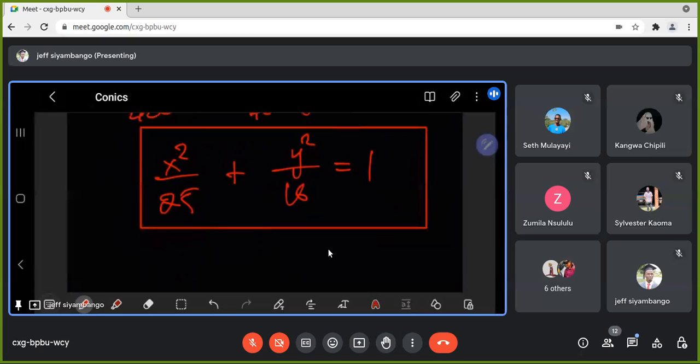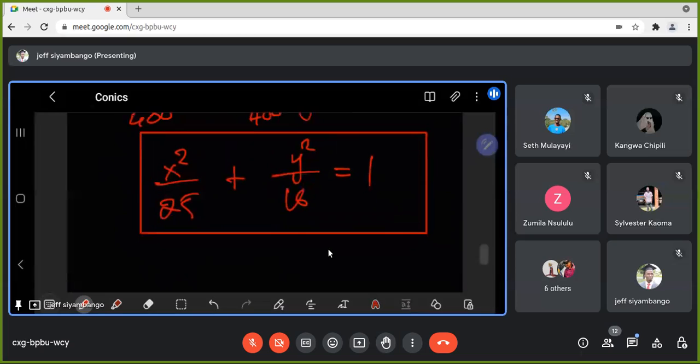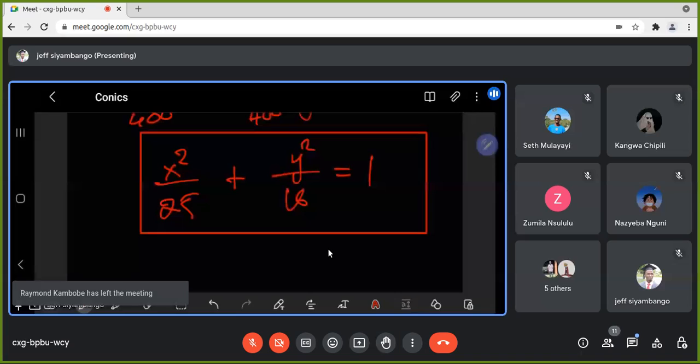So now we can compare this with the equation for an ellipse. Now, how you distinguish: if both terms are squared, then it's definitely not a parabola. A parabola only has either x squared and the other one is not, or y squared and the other one is not. And on the other side, you always have a 0, so that the term which is not squared becomes the only thing there.